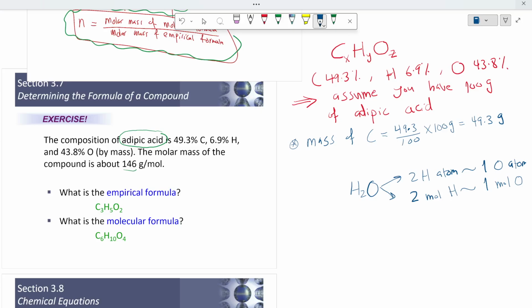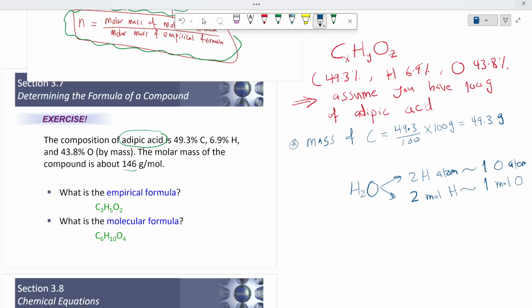Do you know why? What's the relation between number of atoms, which is number of particles, and number of moles? Do you remember the law? Yes. Number of moles equals number of atoms or particles in general over Avogadro.